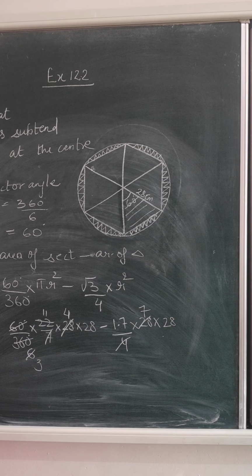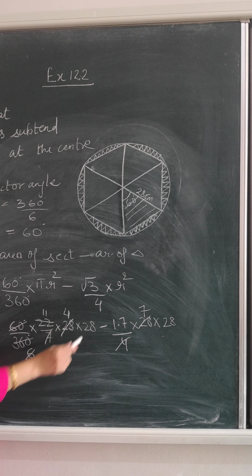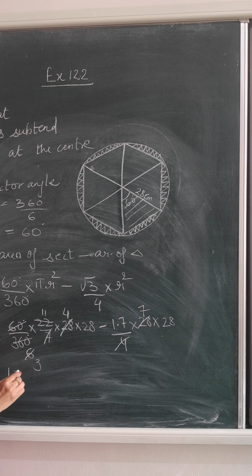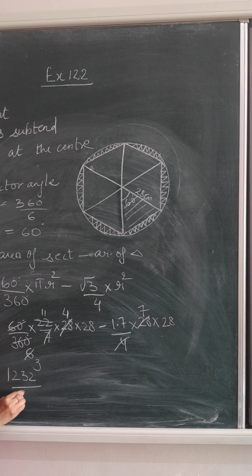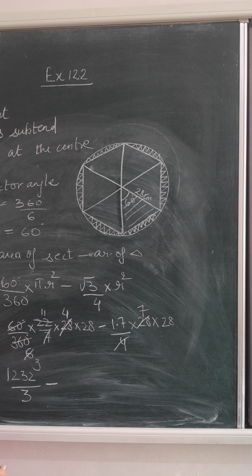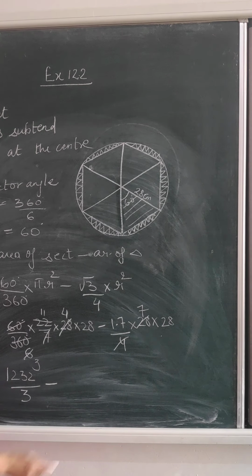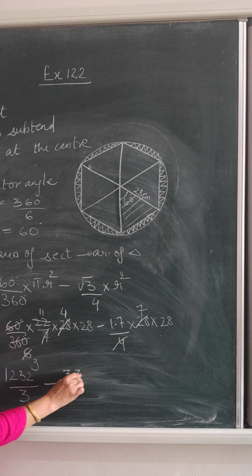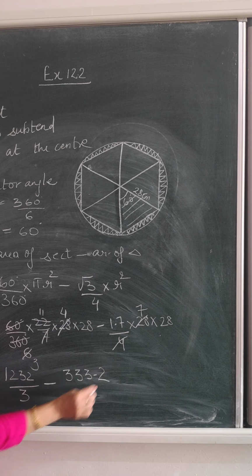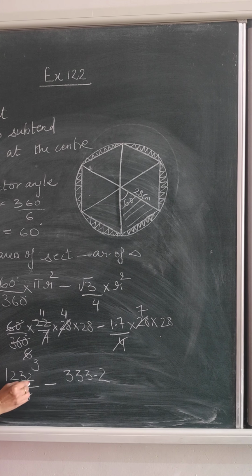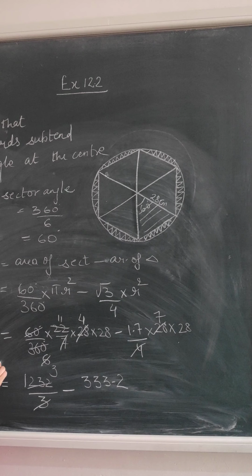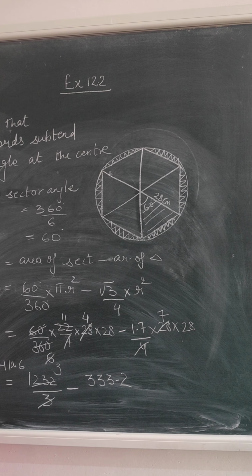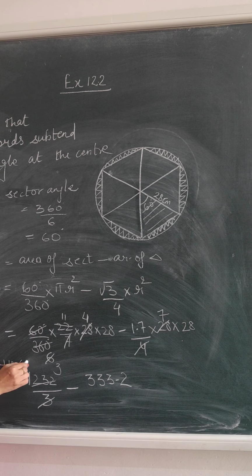After multiplying 11 into 4 into 28, we get 1232 divided by 3 minus, after multiplying 1.7 into 7 into 28, we get 333.2. अब इसको डिवाइड करेंगे 3 से, so we get 3 4s 12, 3 1s 3, 410.66.